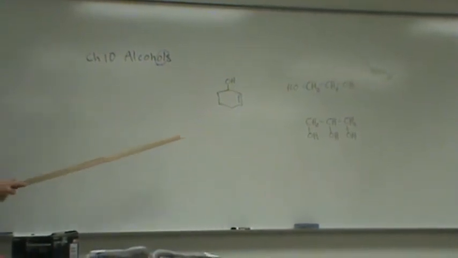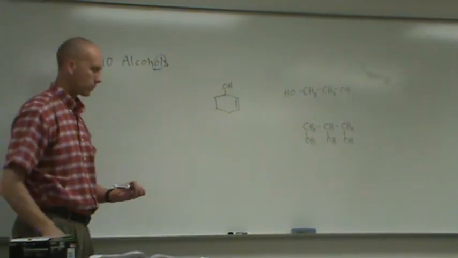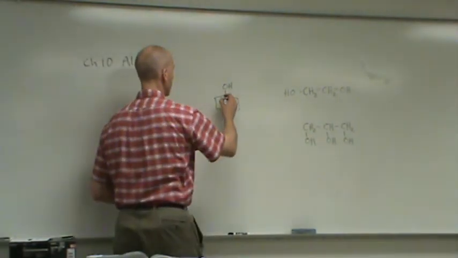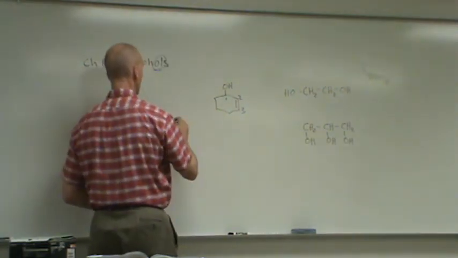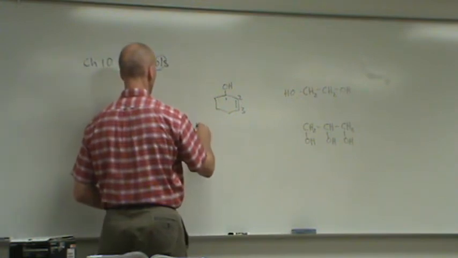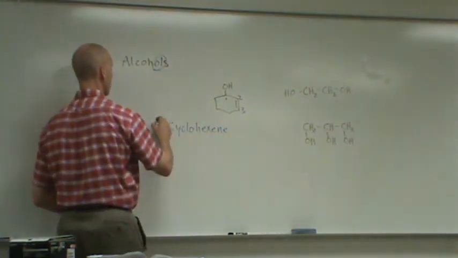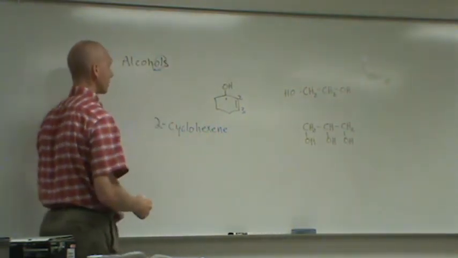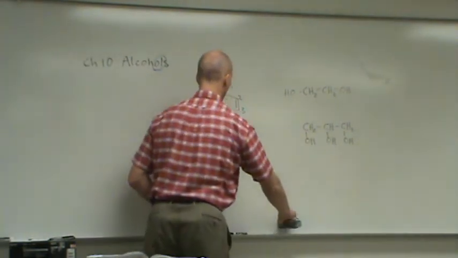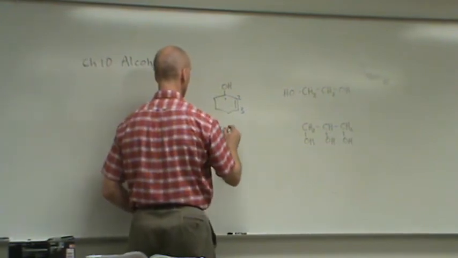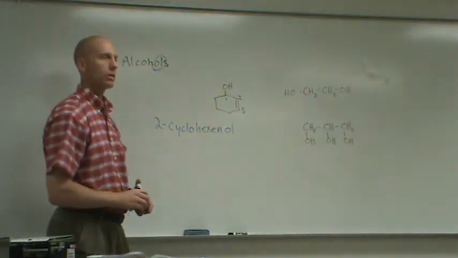Okay, so what do you guys get for this one here? 1. Okay, so my numbering went this way. So cyclohexene, and the double bond was on the 2 carbon. Okay. And it's an alcohol. So I need the OH. Anything else I'm missing? Okay.